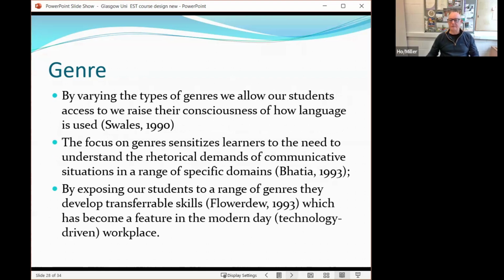By giving students a variety of genres, we allow them to see how language is used in different contexts. Although this has become quite important in general language teaching in the past 15 or so years, it's much more important these days, I think, in ESP or EAP. Because once you've raised students' awareness of how language is used in specific contexts, it becomes a little bit easier for them to think in these terms and not just write general language in what's required of them in an ESP context.